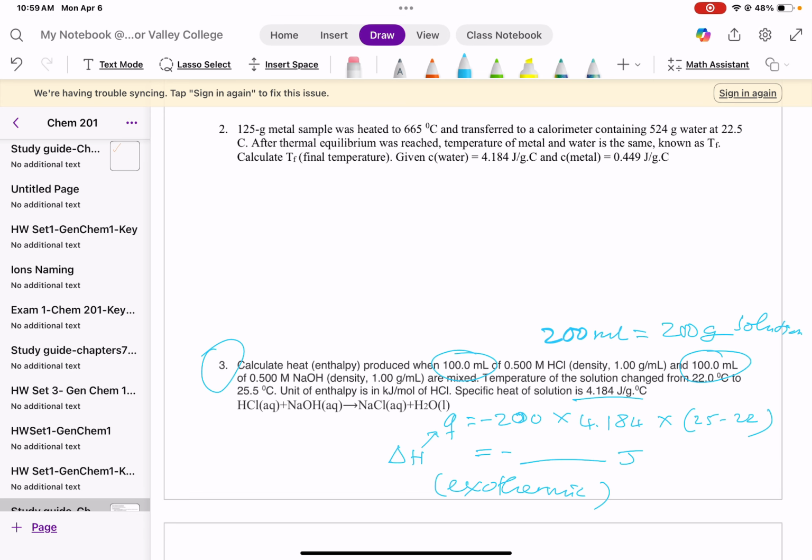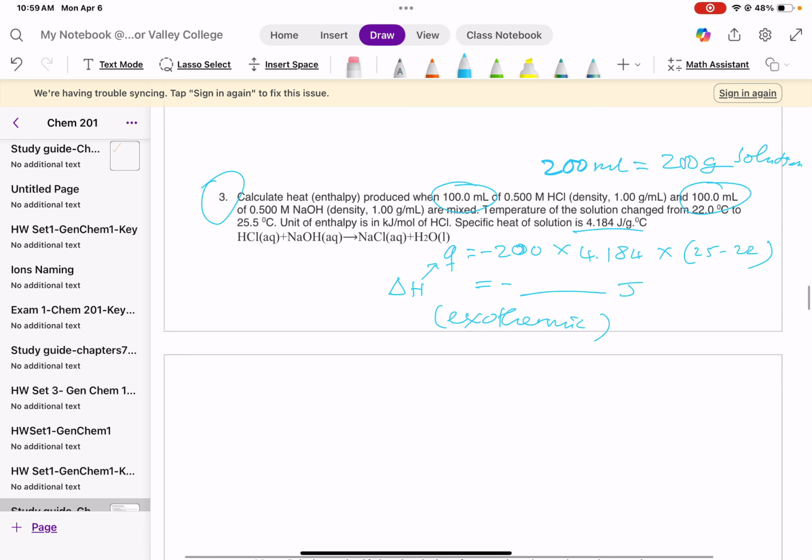And then, why do we have the molarity and the volume? If you take delta H divided by the number of moles, that will give us joule per mole, and then you can also convert it to kilojoule per mole.